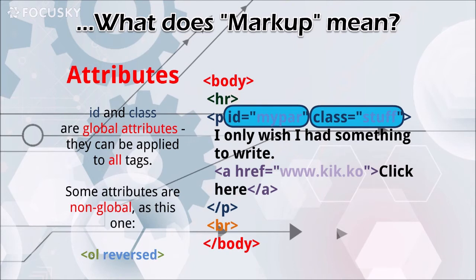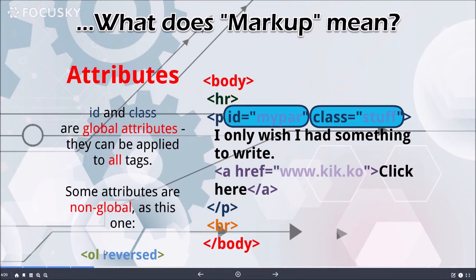Yeah, because OL means an ordered list. It's when we have first, second, third, fourth element, and so on. It is reversed, and other elements cannot be reversed because it would not make sense for a paragraph to be reversed. There's nothing to reverse at all.